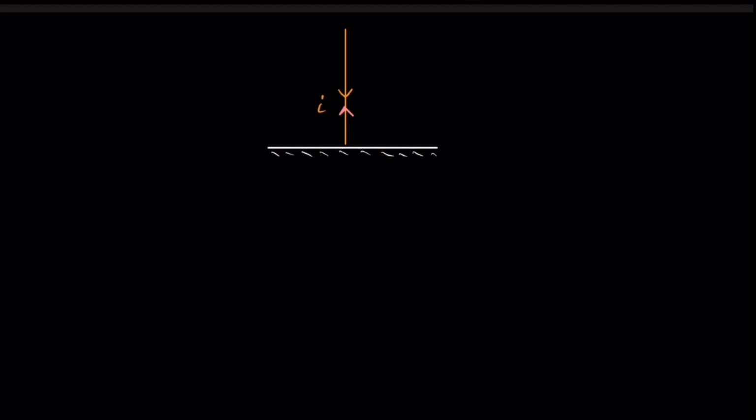Why, when the incident ray is perpendicular to the surface, does the reflected ray bounce back in the same path? We can think of it this way. We know that the normal is always perpendicular to the surface. It means that the normal makes 90 degrees to the surface.